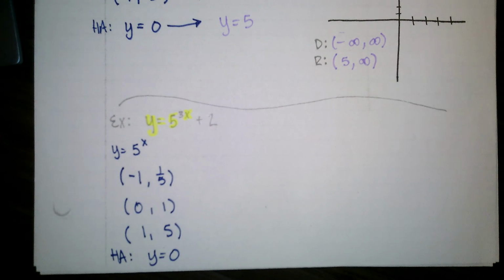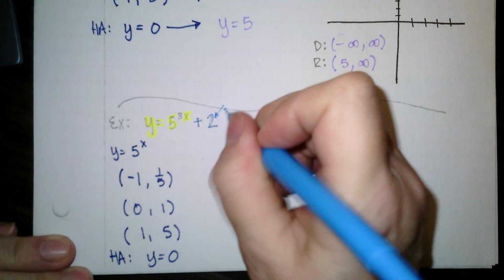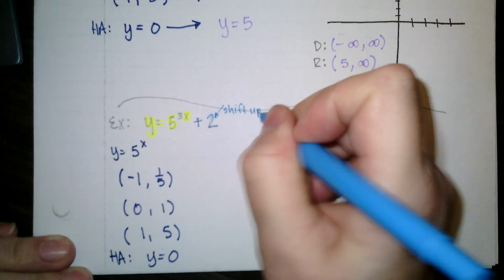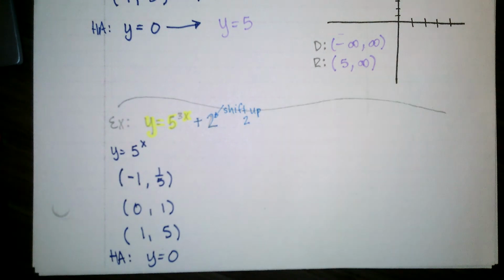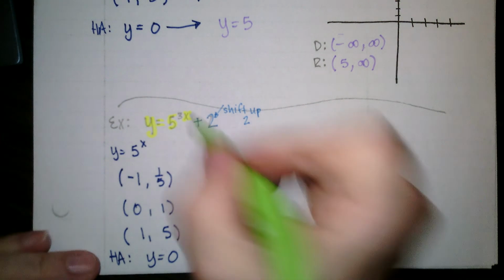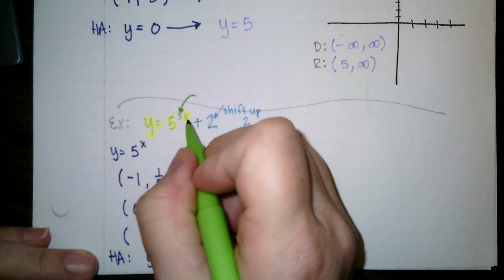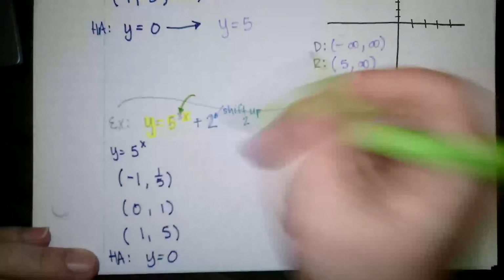Now let's talk transformations. The +2 at the end, right here, is a shift up 2. So that means that we will add 2 to the y's. And then the number that is out in front of the x there, since it's up in the exponent with the variable, that means it's going to be a horizontal stretch or compression.